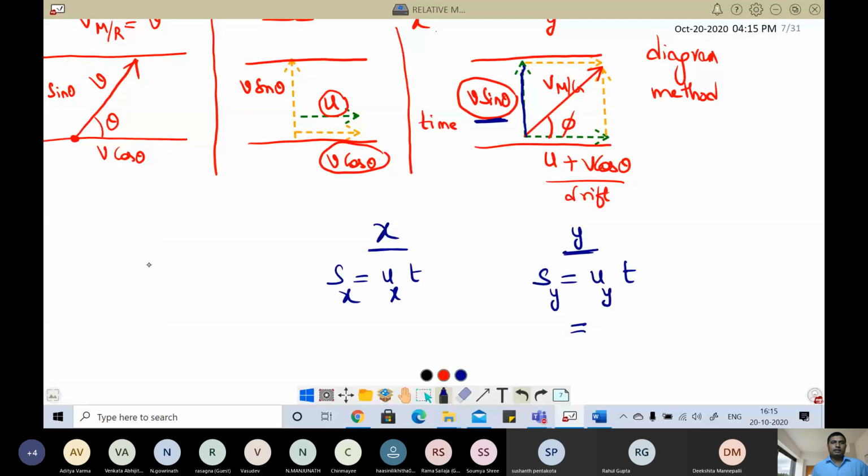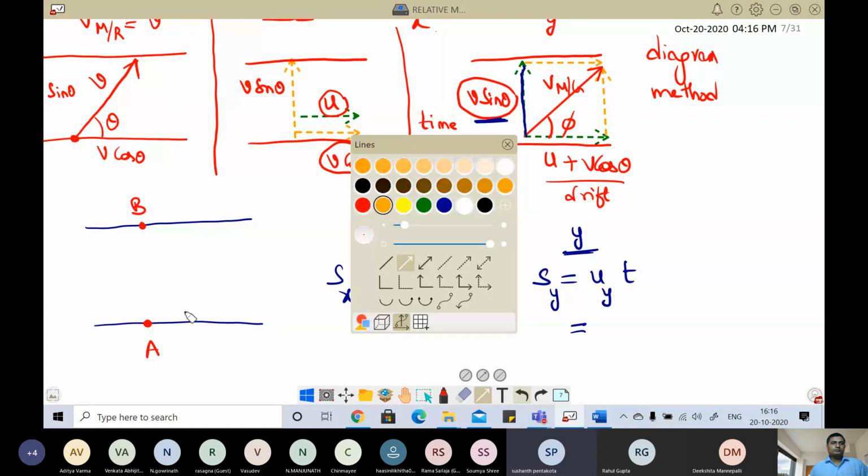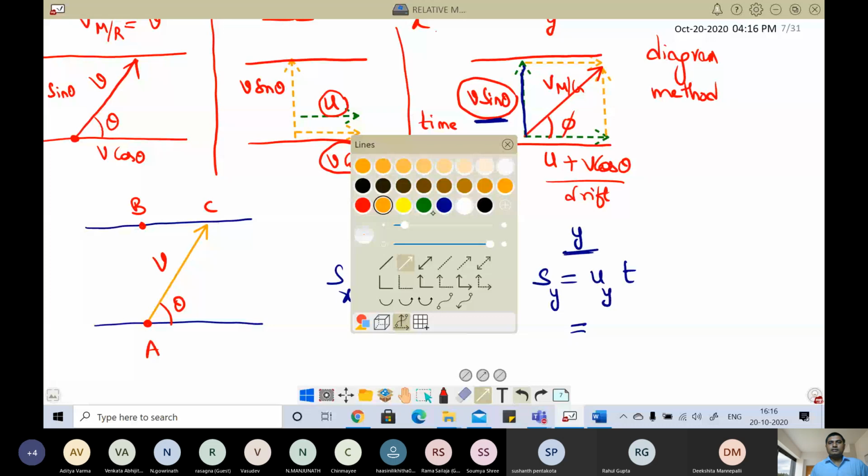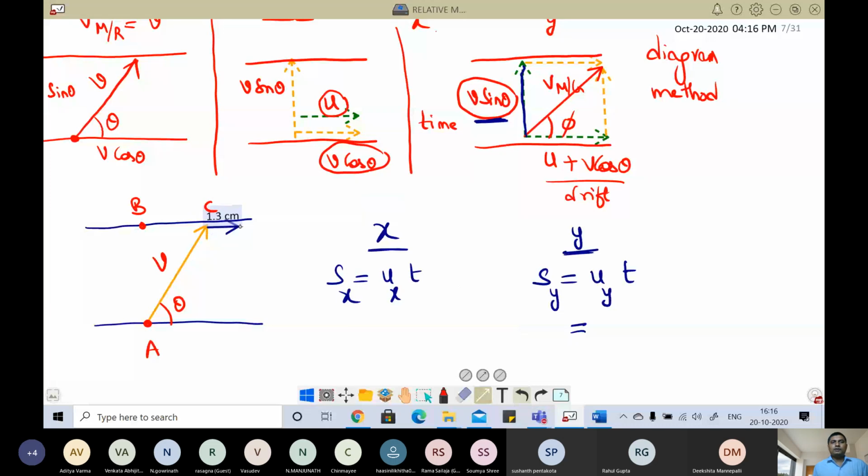Okay, I'll show it here in another diagram. Suppose let us say this is the river. Now this is point A, and this is the exact opposite point. Now suppose this is his effort, let's say his effort is towards C, making an angle theta, which is called as V. Now if river is not flowing, definitely he will reach C, but because of river flow, what happens?